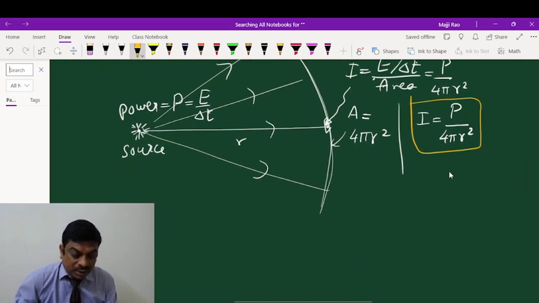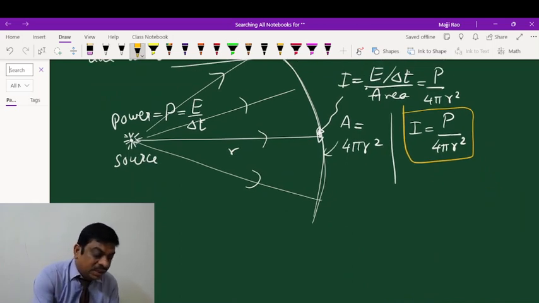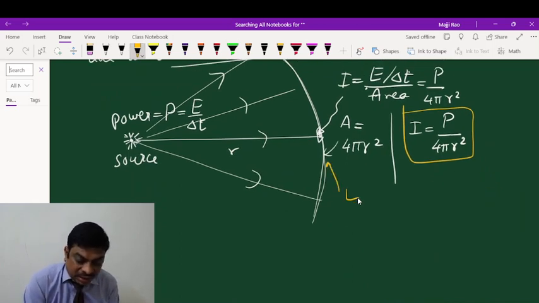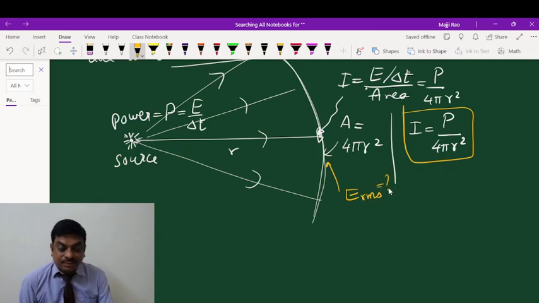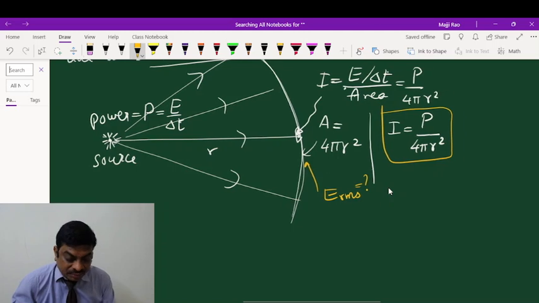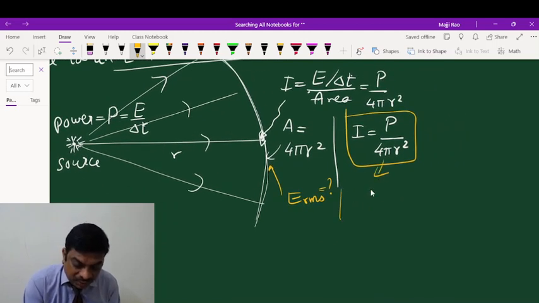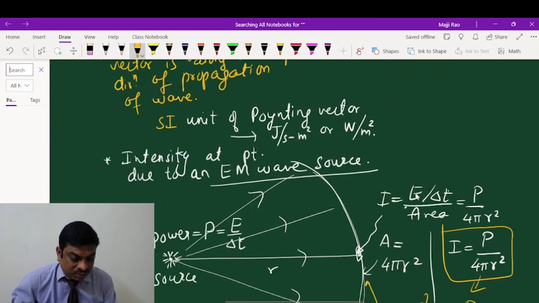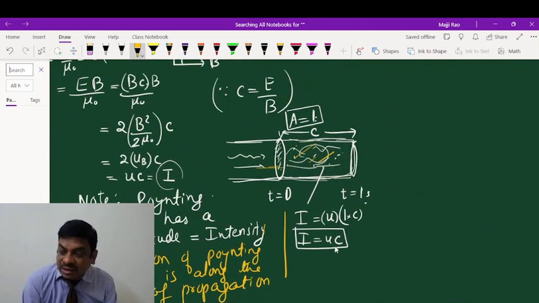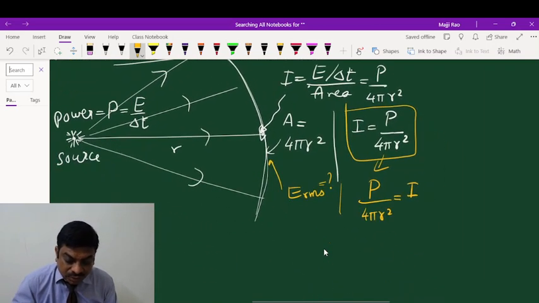Okay, students. In certain questions in JEE Mains and NEET, they have asked to find the electric field, let us say the RMS value of the electric field. Then how can you find it? First of all, we'll make use of P upon 4 pi r square equal to intensity. Just now we saw the relation between intensity and energy density is I equal to uc. So I can be replaced with uc.